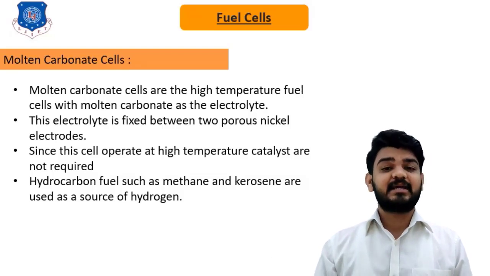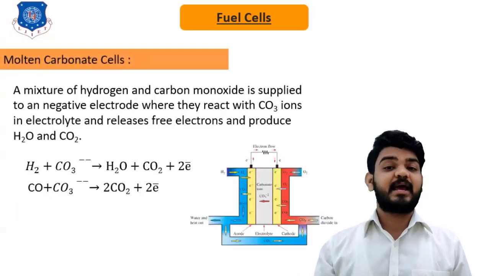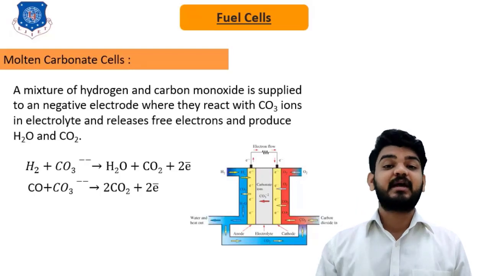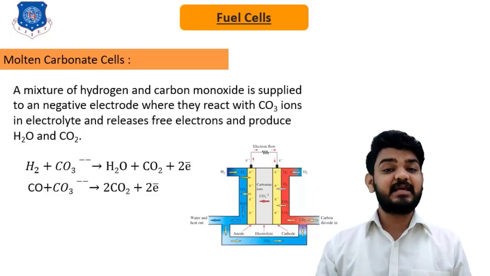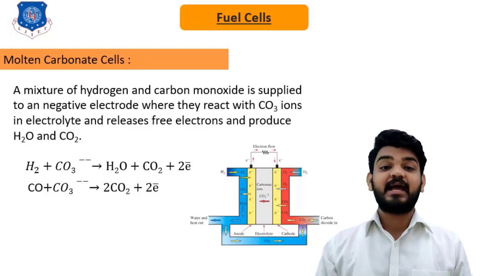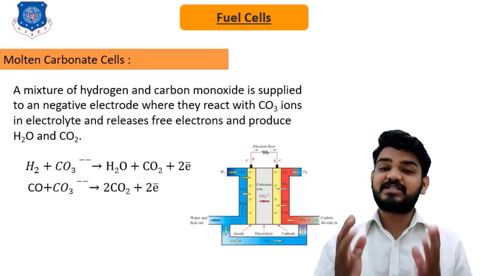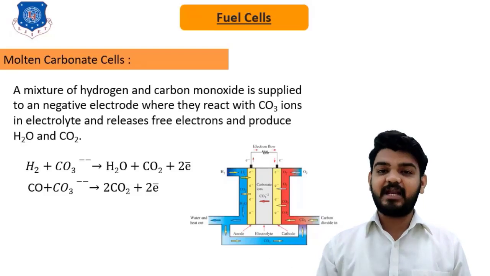Now let's see how one typical molten carbonate fuel cell works. The hydrogen and carbon monoxide mixture is supplied to the negative electrode, which is the anode compartment. Now here in this image you can see that the hydrogen and carbon monoxide are being fed to the anode section, where they combine and react with CO3 ion to produce carbon dioxide and free electrons.